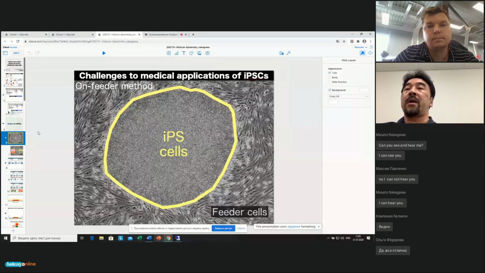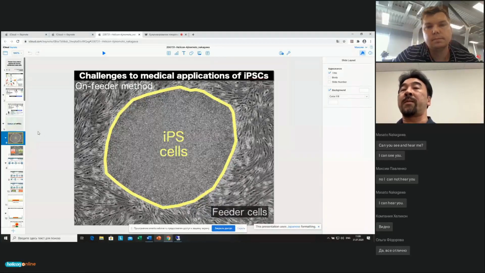So this co-culture system is called the on-feeder method. This culture method was developed for the cultivation of human ES cells at first. This culture method is very stable and has a proven track record in research.